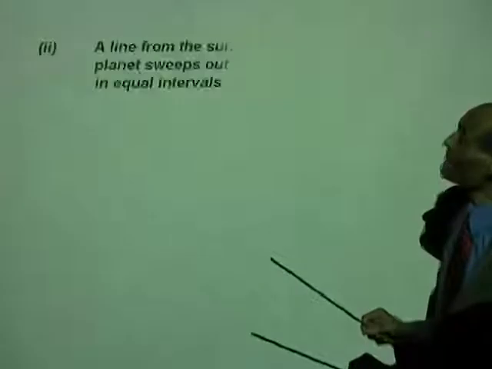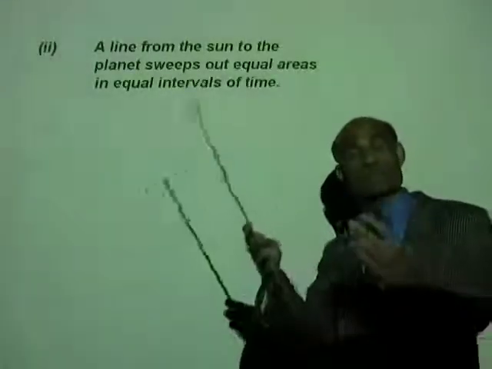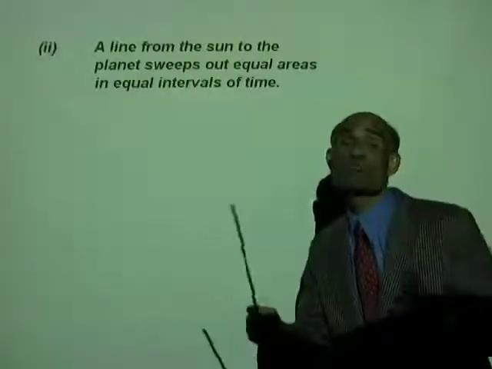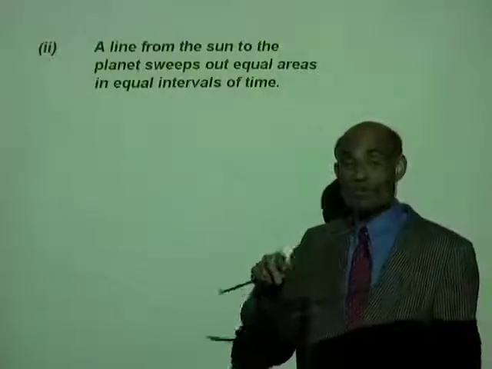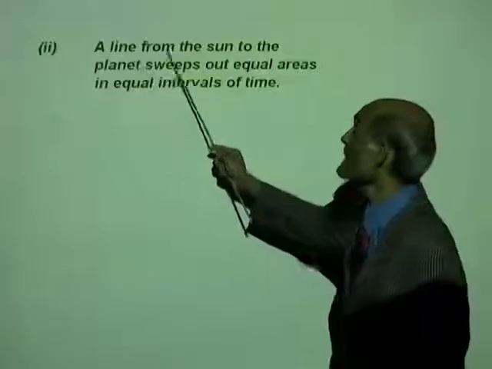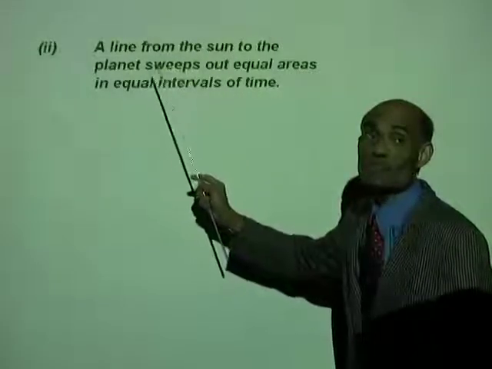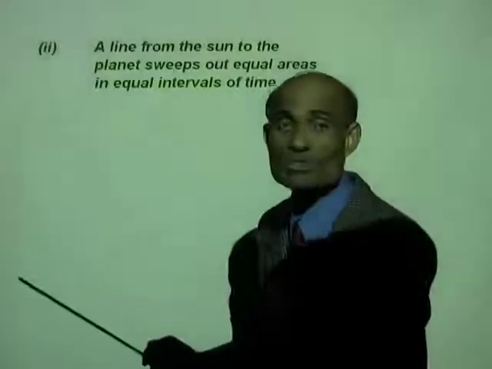Now, what is the second statement? The second statement will actually lead us to that conclusion. Which conclusion? The planet moves faster when it is closer to the sun than when it is farther away. It says a line from the sun to the planet sweeps out equal areas in equal intervals of time.